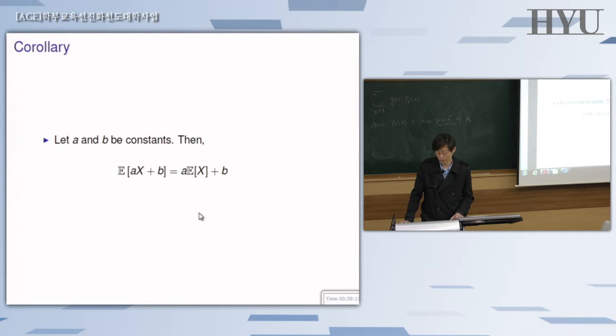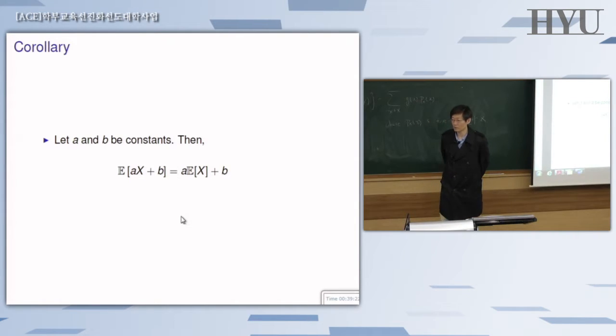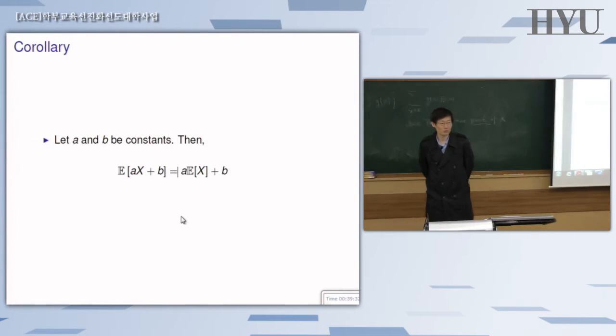number. Did the same thing for the discrete case. But how do you prove this one? How do you prove this expectation turns out to be the same? Just assume that this is true. How do you prove it?